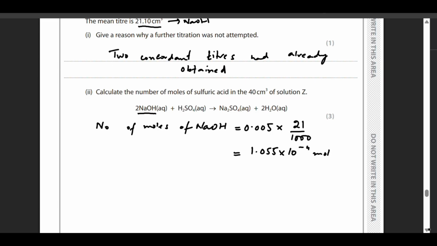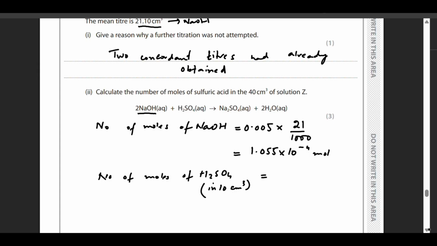Now you know that 1 mole of sulfuric acid reacts with 2 moles of sodium hydroxide. So if you want to calculate the number of moles of sulfuric acid, that will be half of the sodium hydroxide, and we are calculating that in the 10 centimeter cube sample because we took 10 centimeter cube in the conical flask and then we did the titration with sodium hydroxide.